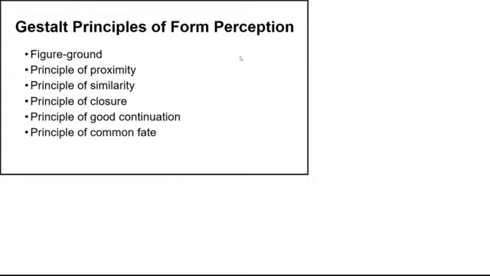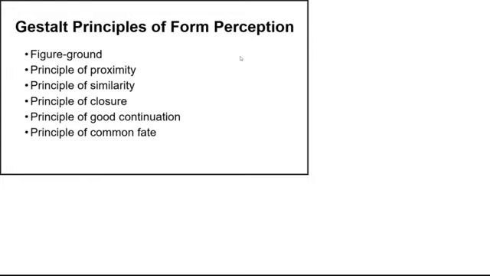The biggest principle here is that humans tend to perceive the whole of a scenario as a whole lot more than the sum of its individual parts, which means that we get meaning from looking at it as a unified piece, and there's more meaning there than if we just looked at each individual component separately. Humans are really good at making quick judgments, making connections, and grouping things together in a particular way.